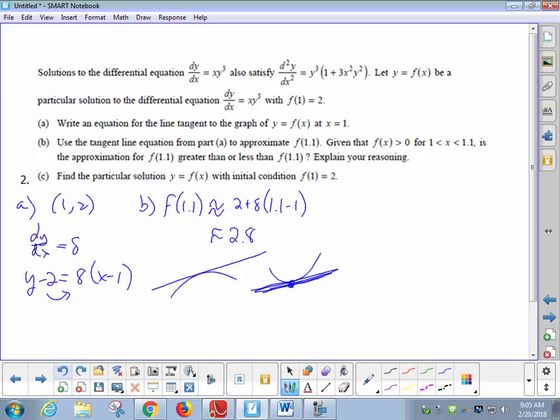Well, the tangent line, just to remind you, they meet at the point you're given. So in this case, it would be x equals 1. And the point you're trying to estimate is 1.1. In this case, would my tangent line overestimate or underestimate the true curve value?